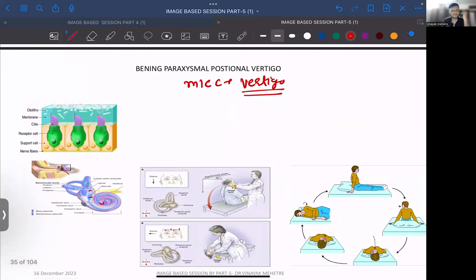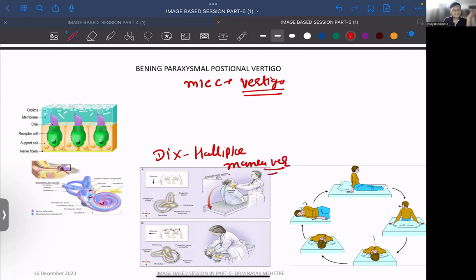So what is the treatment or what is the investigation? Take that otolith from this semicircular canal back into the saccule, utricle, and vestibule. Right? क्या नाम है टेस्ट का? That is Dix-Hallpike maneuver.